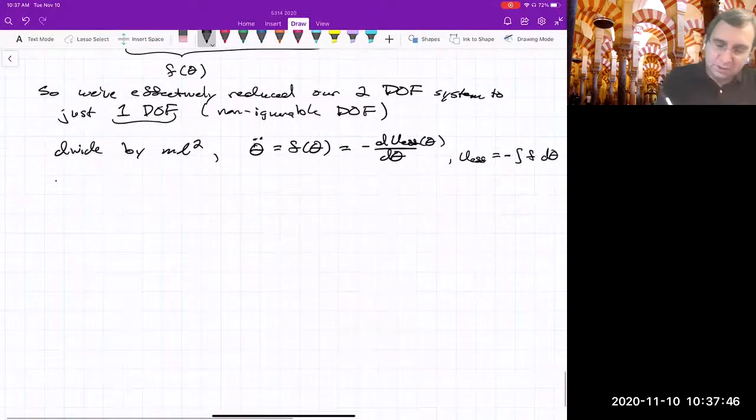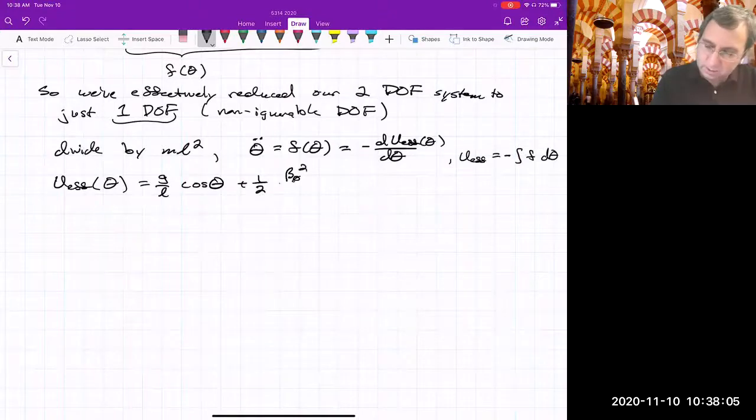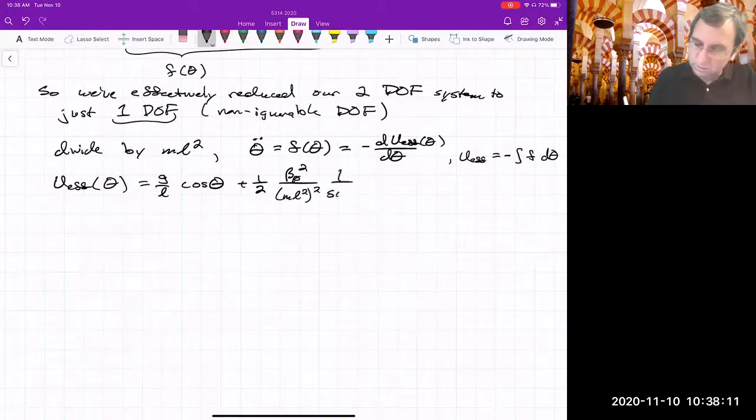And then we can just analyze what these curves look like, the potential energy curves, and that'll tell us all the qualitative dynamics. So this is what we get. Yep, this is ml squared, that whole thing squared, 1 over sine squared theta.